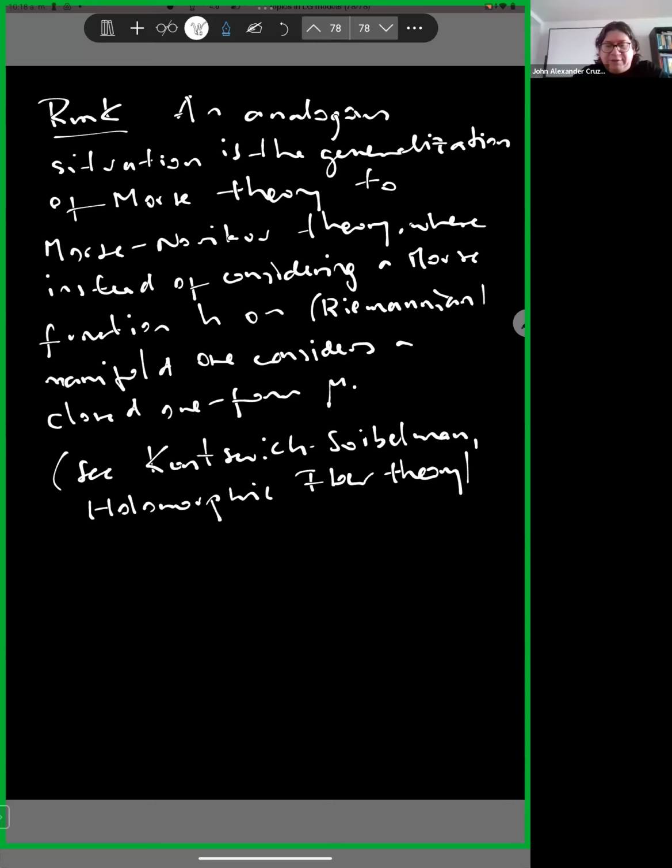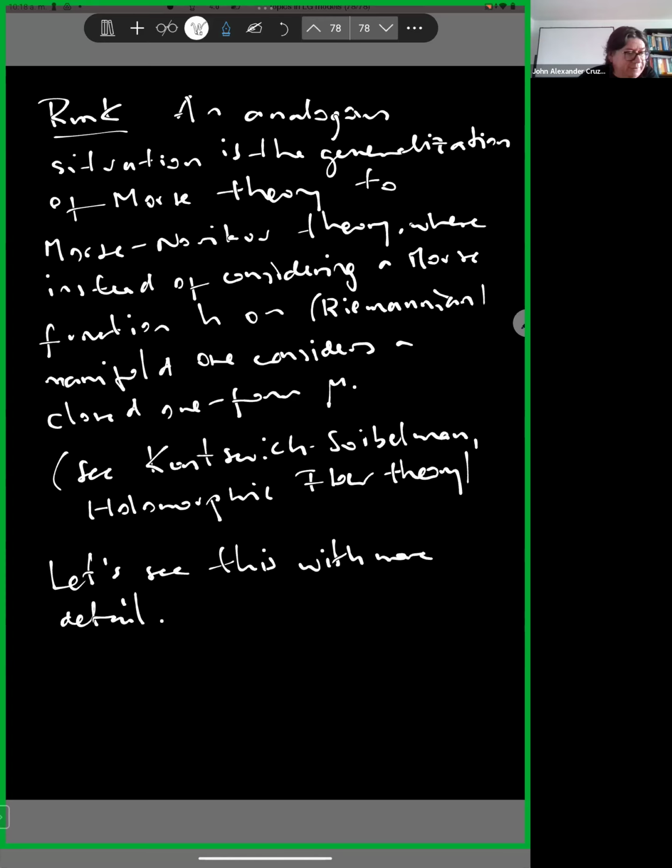Let's discuss this generalization in more detail, to fix what these twisted masses will be. Classically, we can make a sigma model massive.